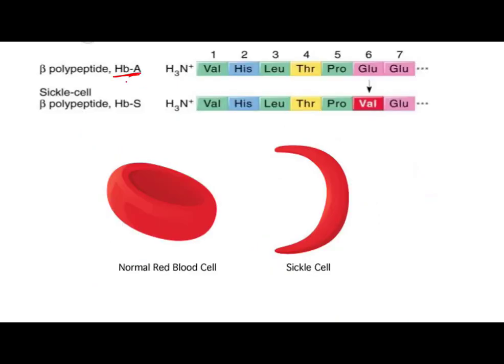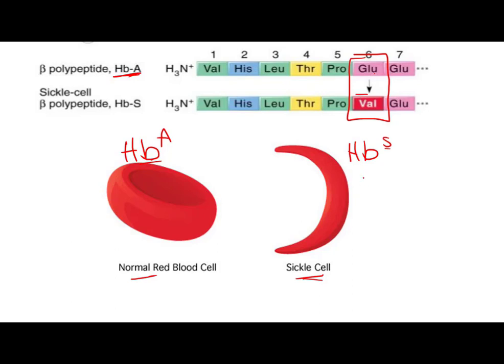The allele of a normal red blood cell is HBA, that stands for hemoglobin beta A, but the allele for sickle cell is HBS, S for sickle. The only thing that makes a sickle cell different from a normal red blood cell is one single amino acid mutation. One single glutamic acid has been mutated to a valine.